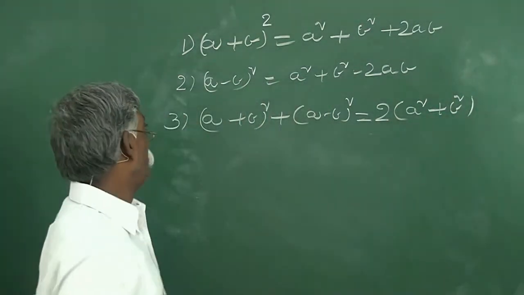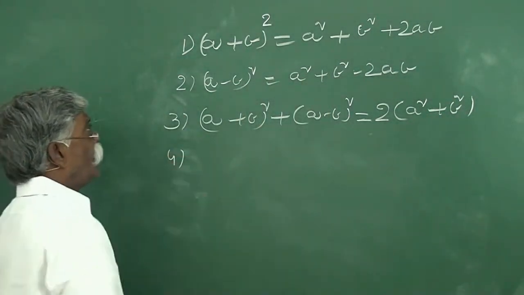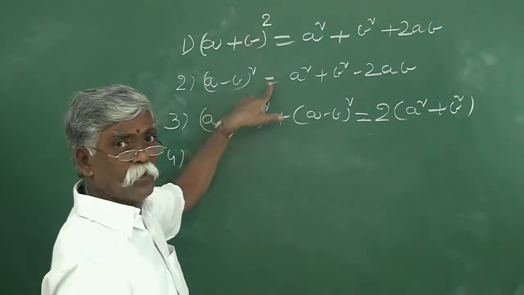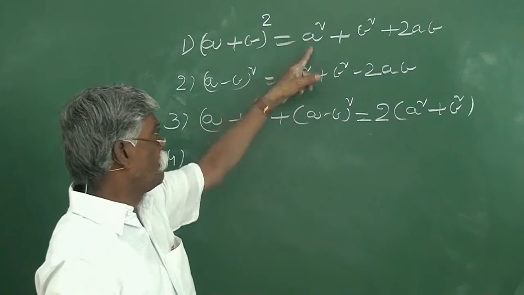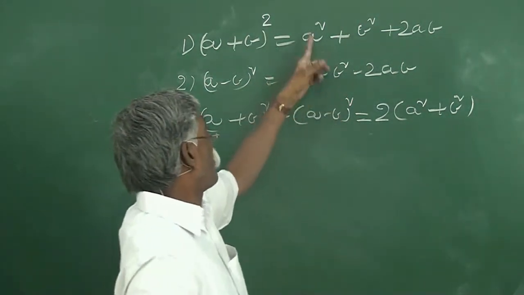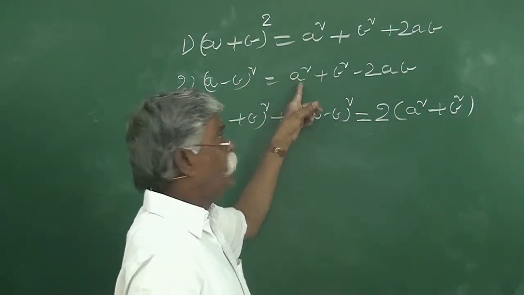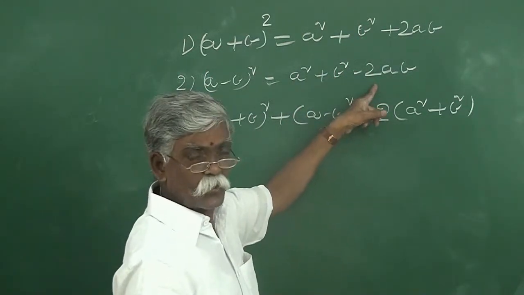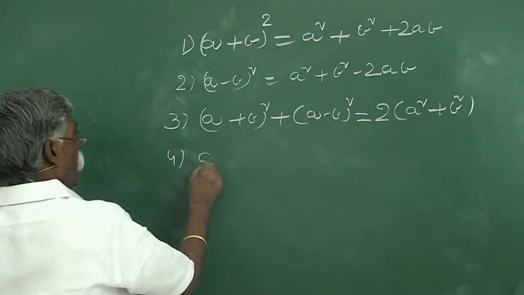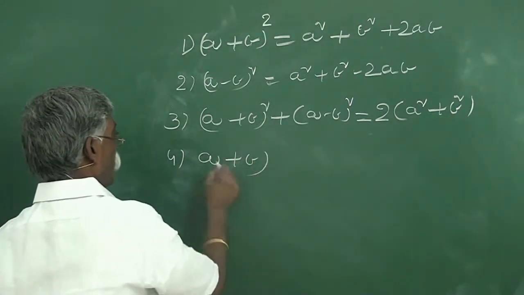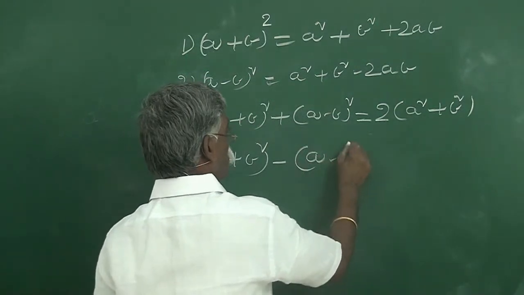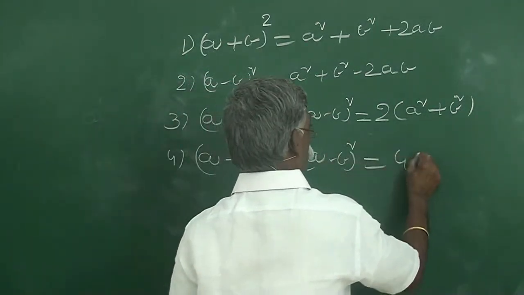Okay. The fourth one, if we subtract a minus b whole square from a plus b whole square, so this minus this, a square gets cancelled, b square and b square get cancelled. This becomes plus 2ab. Therefore, a plus b whole square minus a minus b whole square is equal to 4ab.